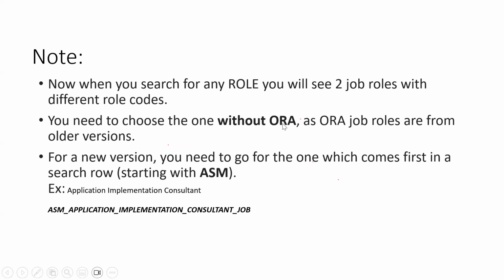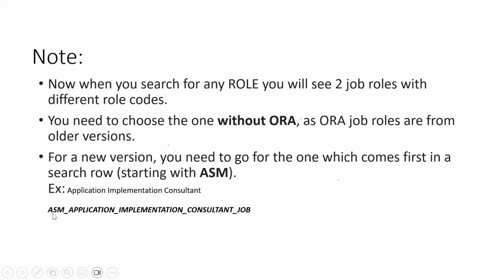The best example you can see here, ASM application implementation consultant job. This is the role code for the application implementation job role. This is the role name, this is the role code. Name can be duplicated, but the code is never duplicated.